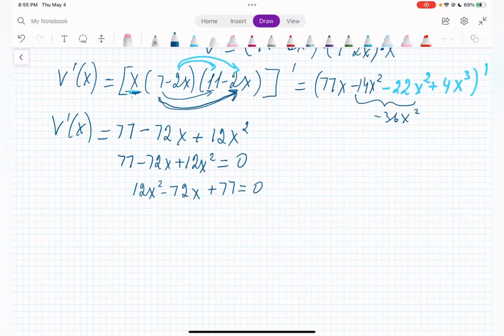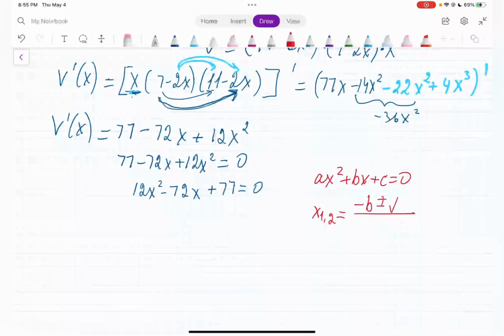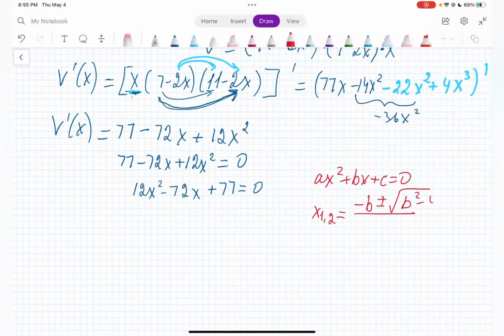I'm going to go with the method of discriminant, where if we have ax squared plus bx plus c equals 0, then x1, 2 is equal to negative b plus minus the square root of b squared minus 4ac, divided by 2a.